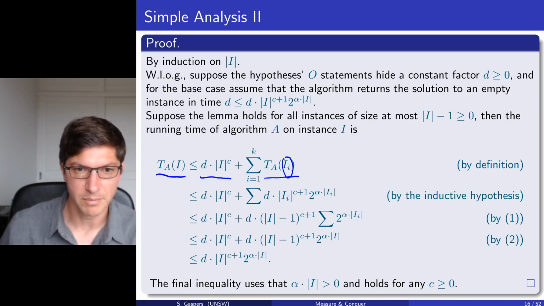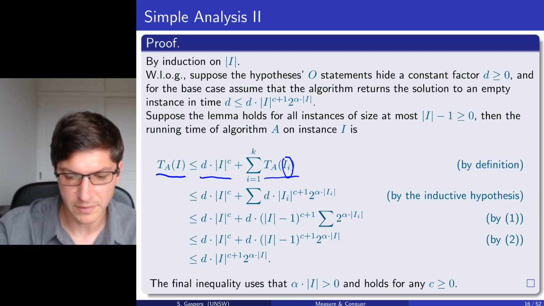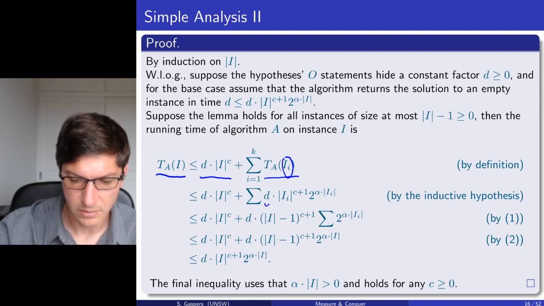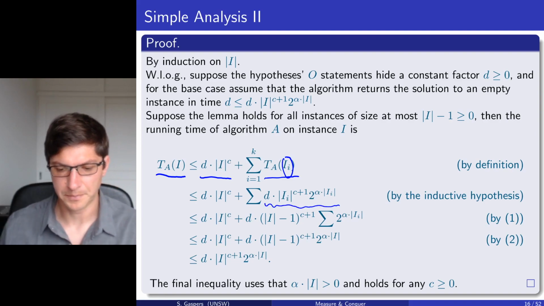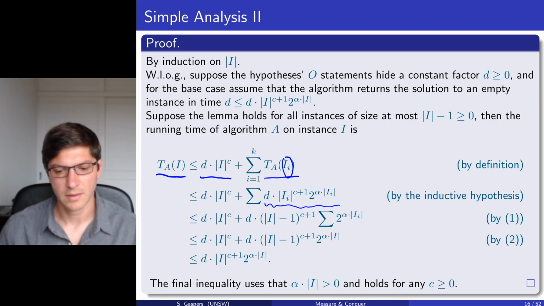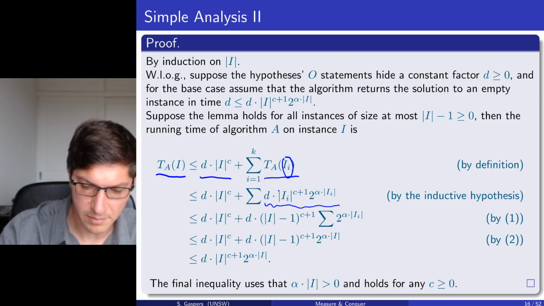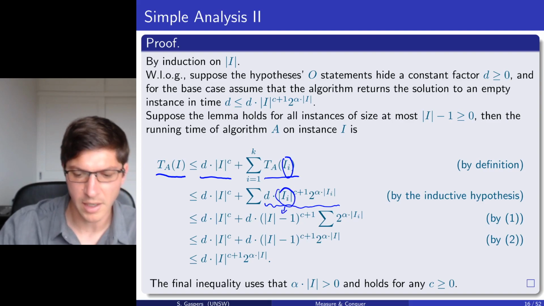So we'll go ahead and replace all these running times t sub A of I sub I by the corresponding expression here. Okay, we also know that I sub I has size at most the size of I minus 1.